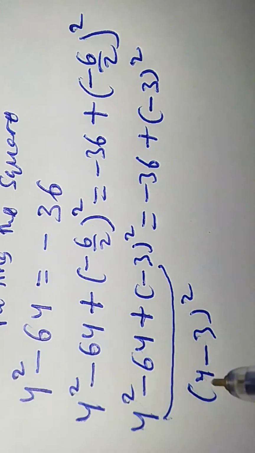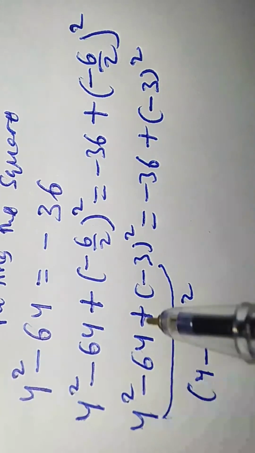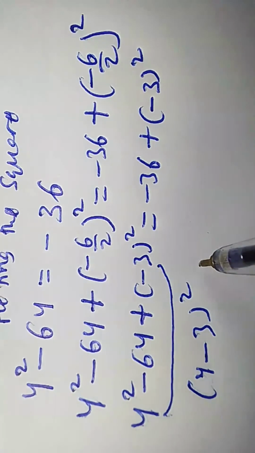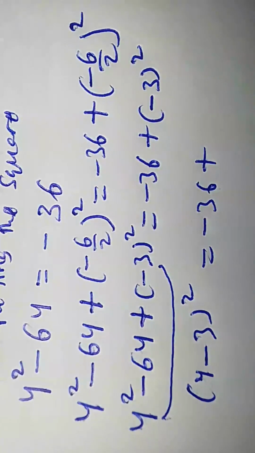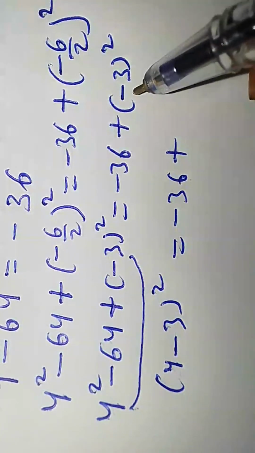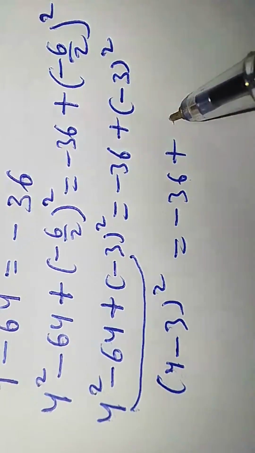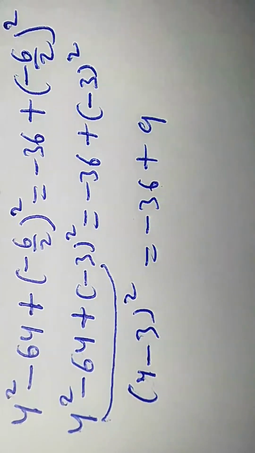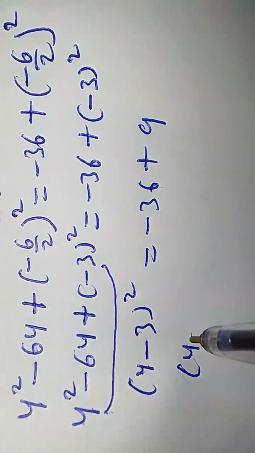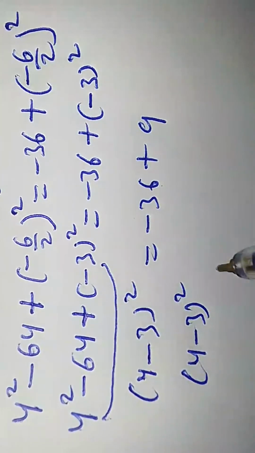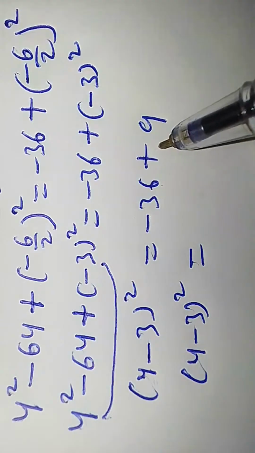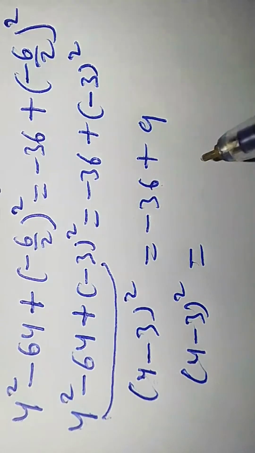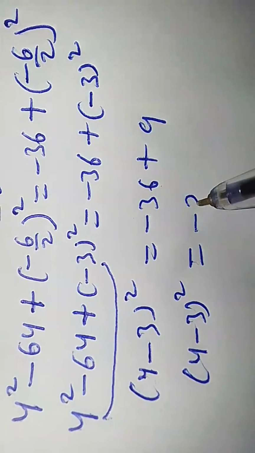That is, if you expand this very well, you will have all of this equal to minus 36 plus, what is minus 3 squared? That is 9. So we have y minus 3 squared equal to minus 36 plus 9, what is that? That is minus 27.